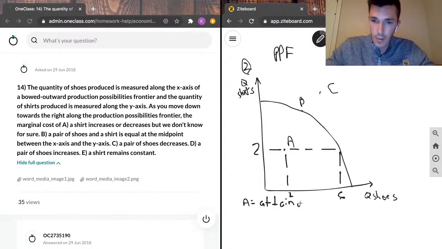So point A is going to be attainable, but it is inefficient.